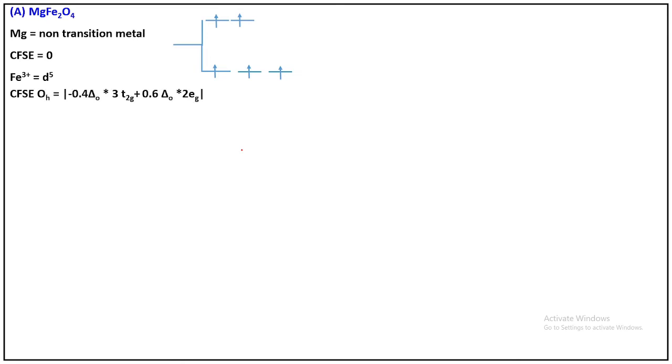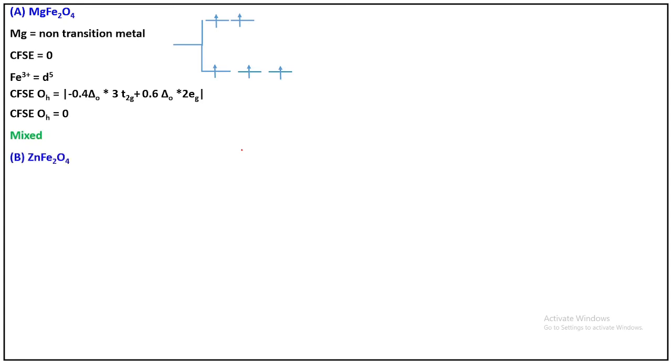So the CFSE will be minus 0.4 delta O into 3 since 3 electrons are present in t2g orbital plus 0.6 delta O into 2 since 2 electrons are present in eg orbitals. This will give a total CFSE of 0. So in this particular case, CFSE of A2+ and B3+ are equal. Hence, we have a mixed spinel.